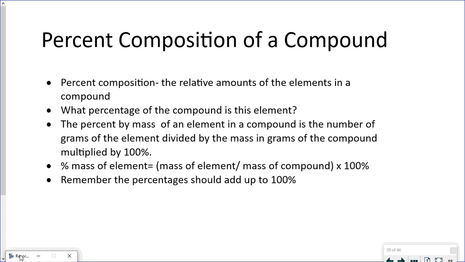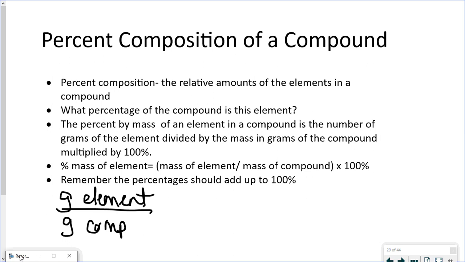And to find percent by mass, you're going to have the grams of the element divided by the mass in grams of the compound, so your overall molar mass, and then times 100 to make it a percent.